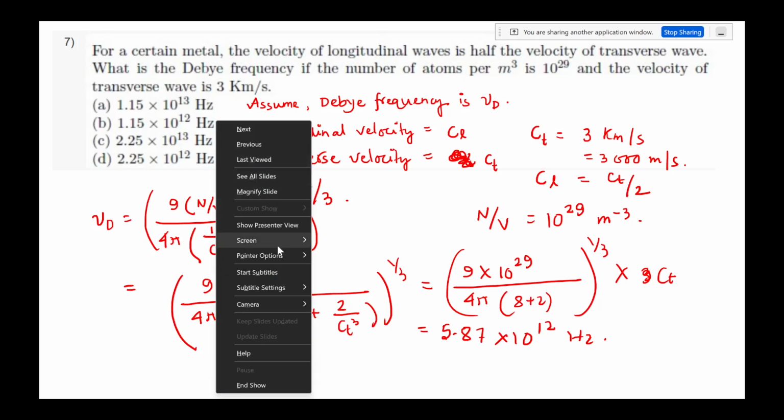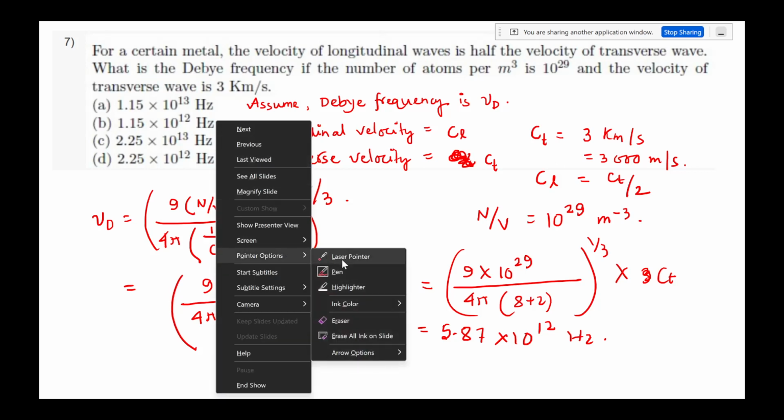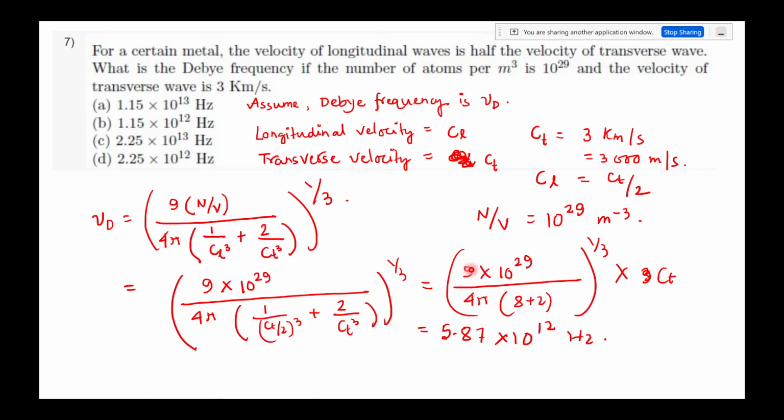Sir, why can we multiply with CT again here? No, we will get CT from this portion. This is 9 times 10 to the power 29, that's everything in the denominator. Then CT cube is in the denominator. CT value is 3000.